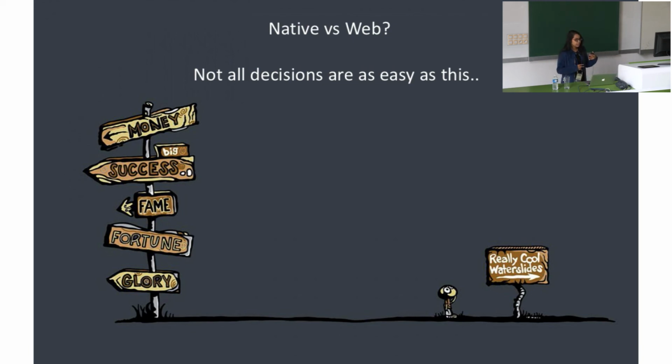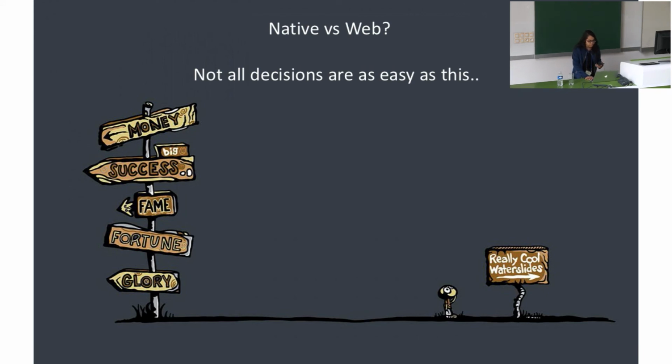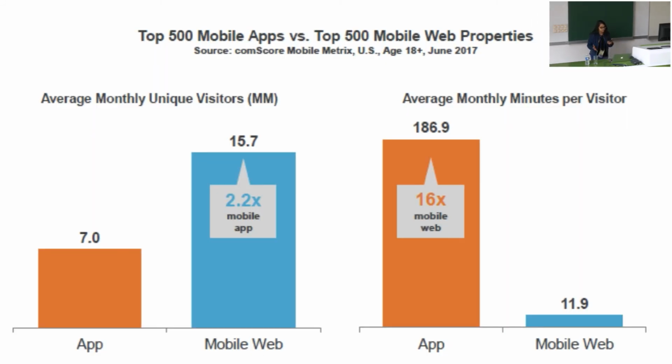That can be measured in two parameters: the user's reach and the user's engagement. When we talk about user reach, we are talking about how many users have actually accessed your web application or visited the website. However, when we talk about user engagement, we are talking about the amount of time they have spent on your web application.